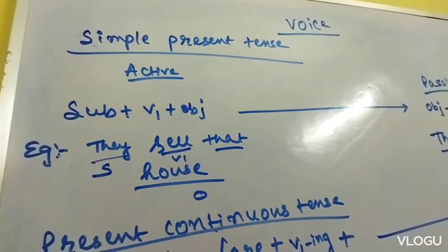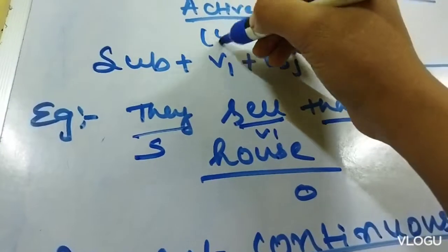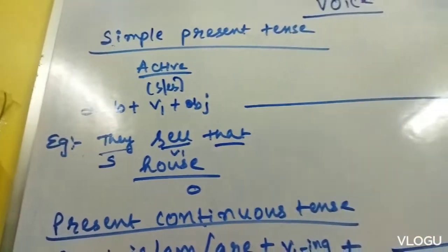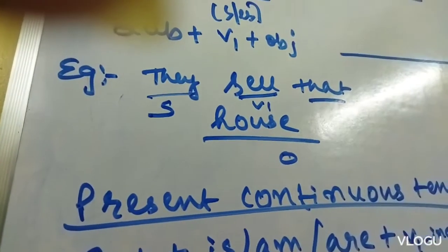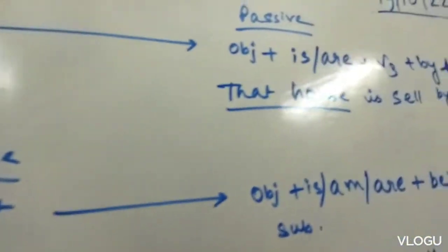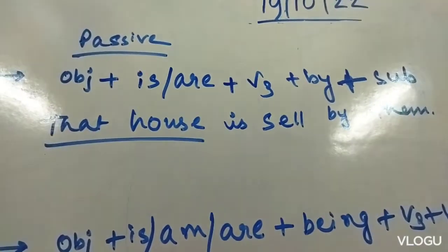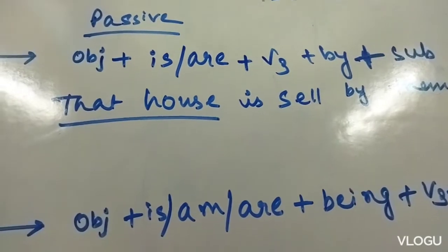As we know that simple present tense is subject plus V1 and V1 goes with S or ES sometimes. So our example will be they sell that house. So they here is subject, sell is V1 and that house is our object. So when it comes to passive, it becomes object plus is or are plus V3 form plus by plus subject.